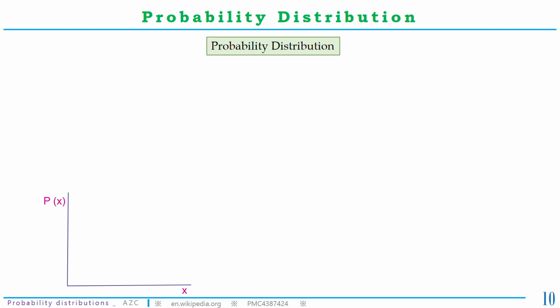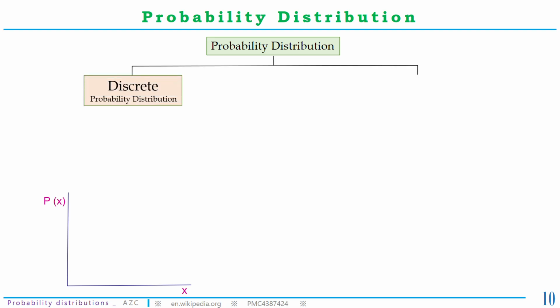Based on types of the random variable, probability distribution is broadly categorized into discrete probability distribution with countable and distinct outcomes, while the second category is continuous probability distribution with measurable ranges, means infinite outcomes.